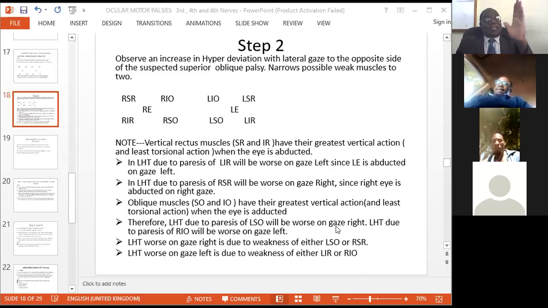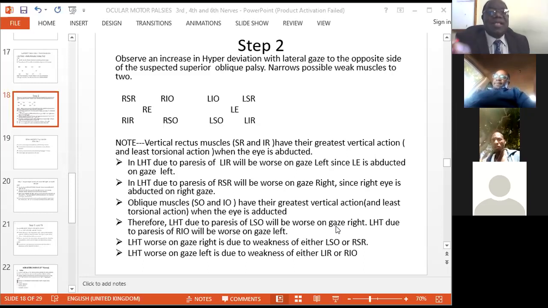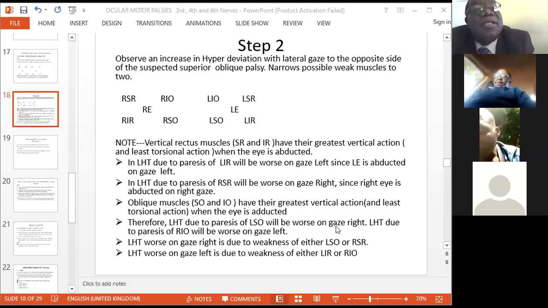So if the patient is there, ask them to look that way. You find that's when the lesion is affected more. In left hyperdeviation due to paralysis of the left inferior rectus, this will be worse on gaze to the left, since the left eye is abducted on gaze to the left.